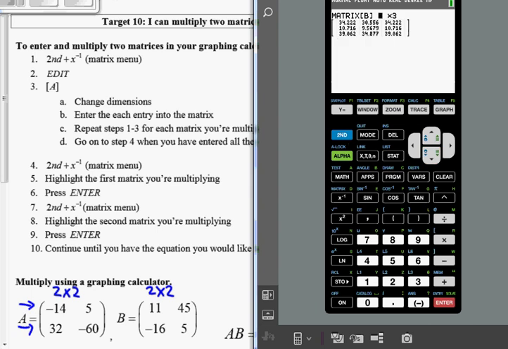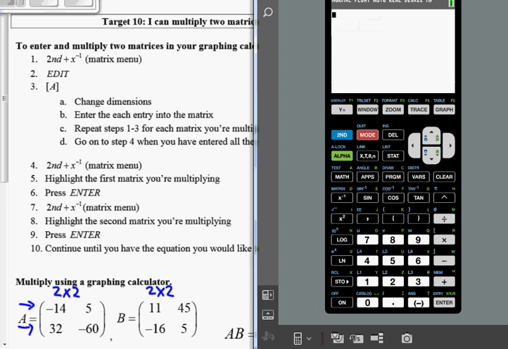Matrix B for us again is a 2 by 2 matrix. So 2, enter, 2, enter, and then I'll fill in my numbers. I have 11, making sure to hit enter after each number, 45, -16, and 5. Our matrix is in, so we're going to quit out. Again, second mode will allow you to quit out.